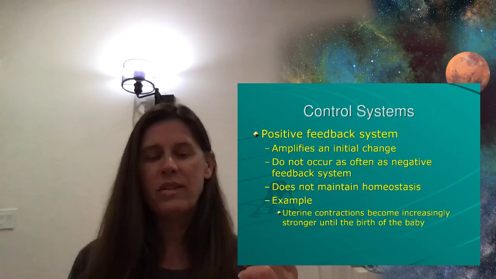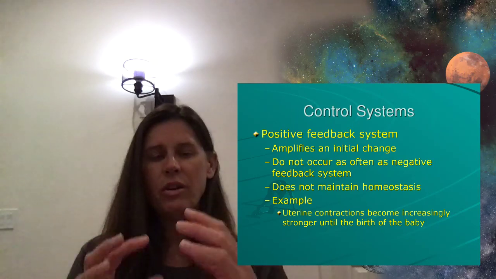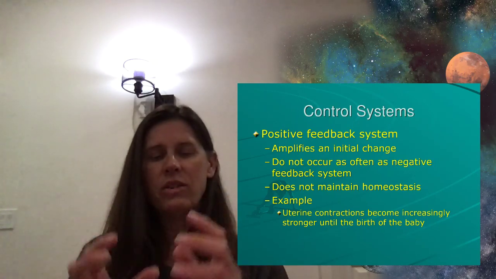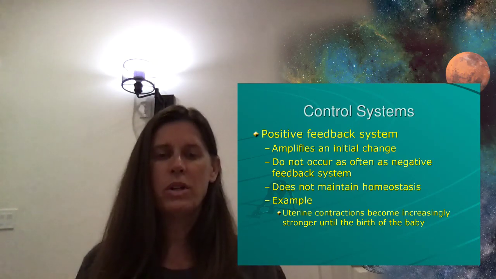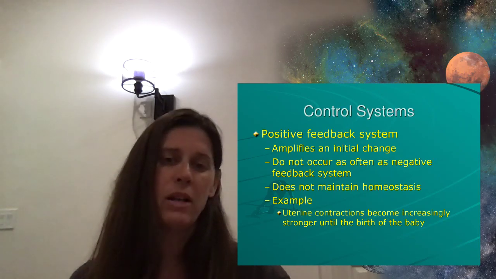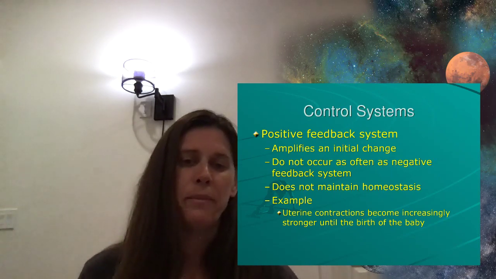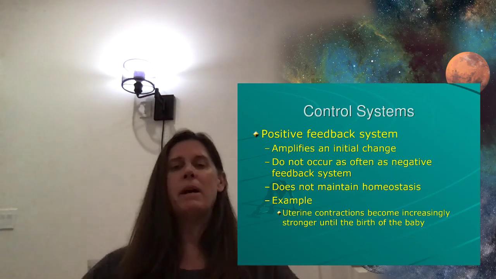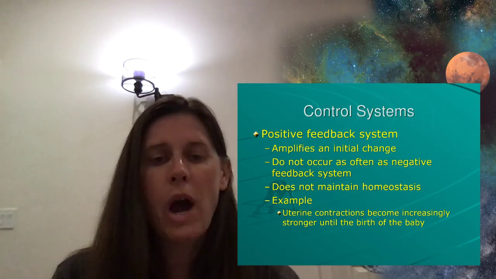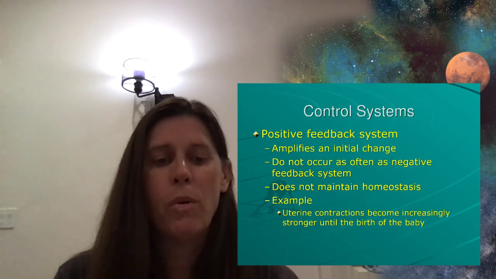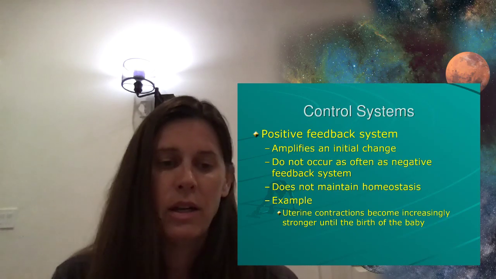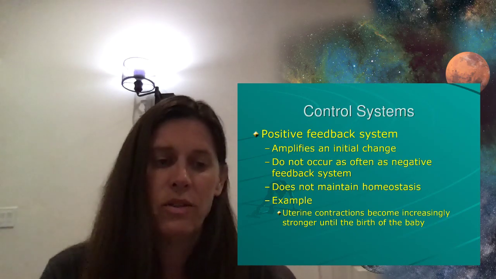It stops releasing oxytocin, and the uterus then will slowly start to relax, and it won't contract anymore. And then you're back in homeostasis. Okay, so the positive feedback loop is what's bringing you out of homeostasis and causing more and more contraction, which in this situation, it's a good thing. You want to be there. Okay.